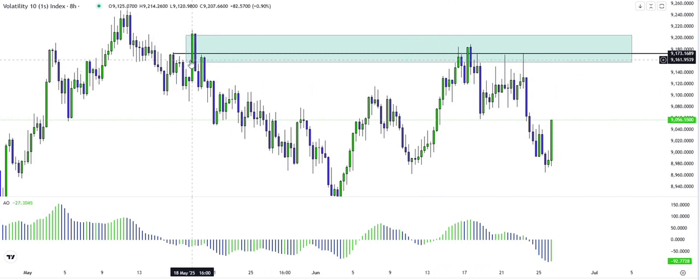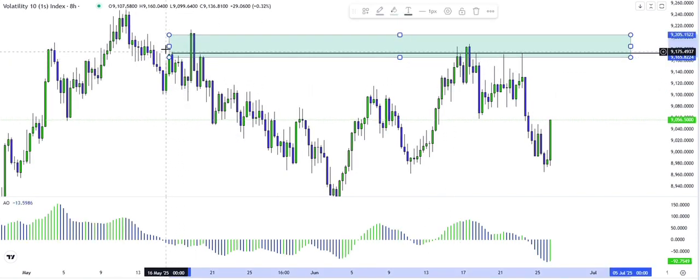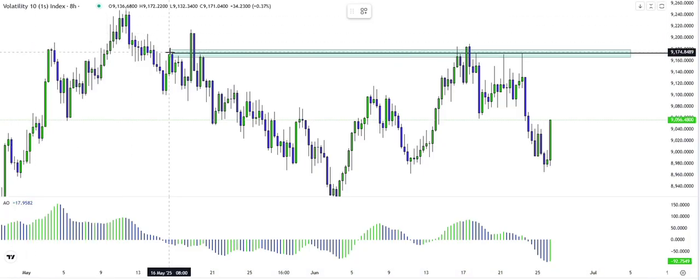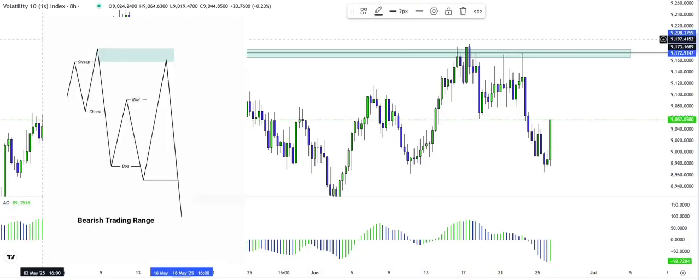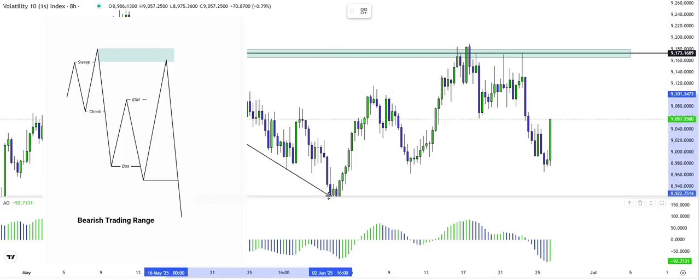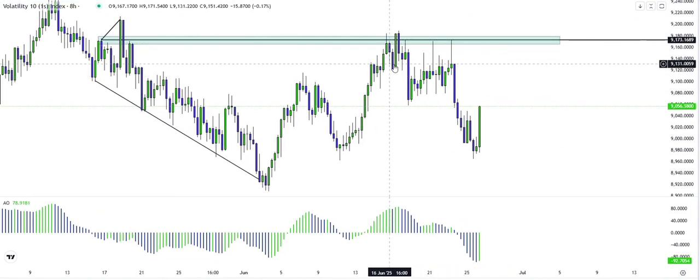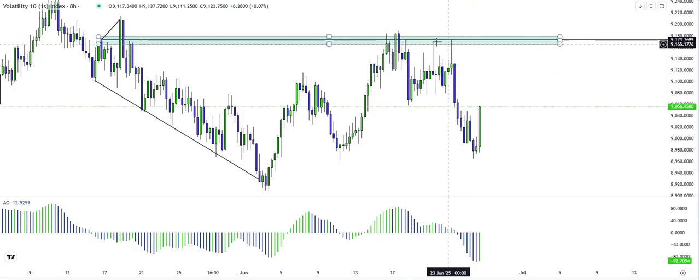I saw that previously there was this QM pattern right there. If you can see it, this is a QM pattern. But in June, this is where price was currently. I had already missed this entry, because this would be someone else's first entry right there.